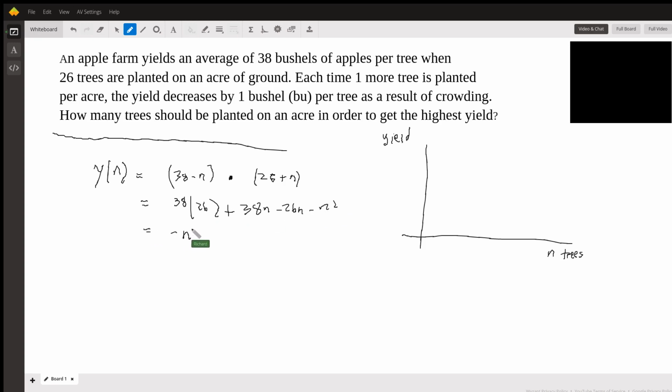That's negative n squared. 38 minus 26 is 12. And 38 times 26 is 988.